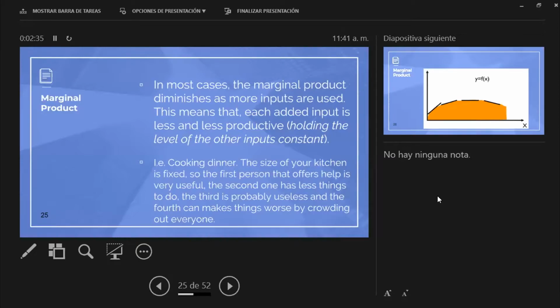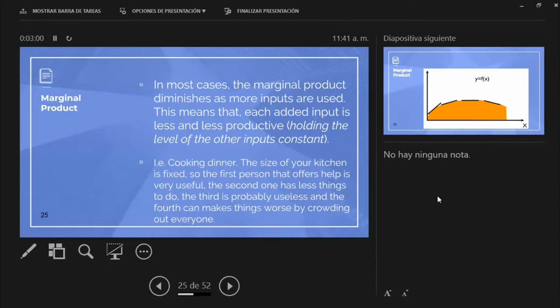So I placed an example of a restaurant, or basically a business, and cooking dinner as this final output. So imagine you are the owner of a restaurant and you just opened it, you had a couple of good months, and you have decided to increase the size because you have greater demand from your customers.